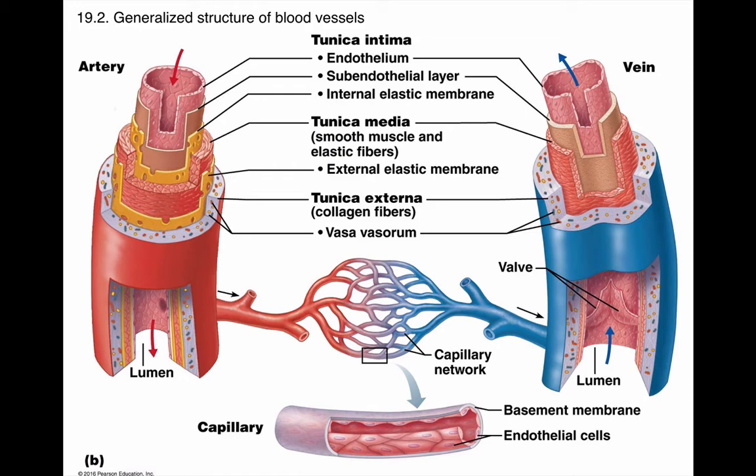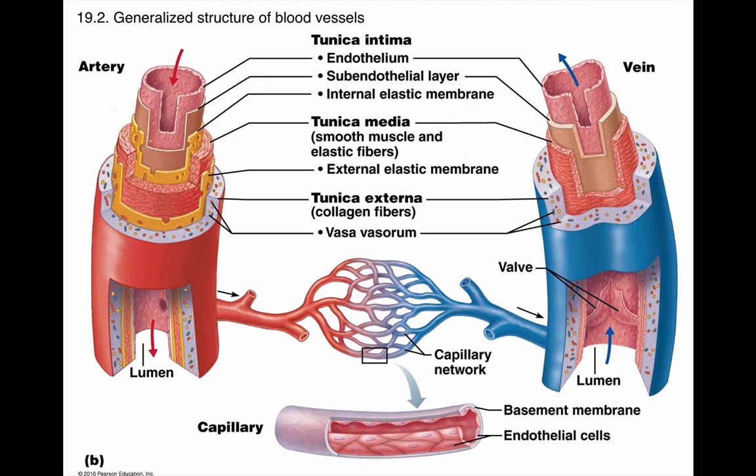Capillaries are thin-walled. They don't have the same 3-layered setup that arteries and veins have. Instead, they just have a single layer of endothelial cells that will differ with the different types of capillaries, but that thin layer of endothelial cells makes it easier to allow diffusion from the blood into the interstitial spaces that are around the cells of the body.